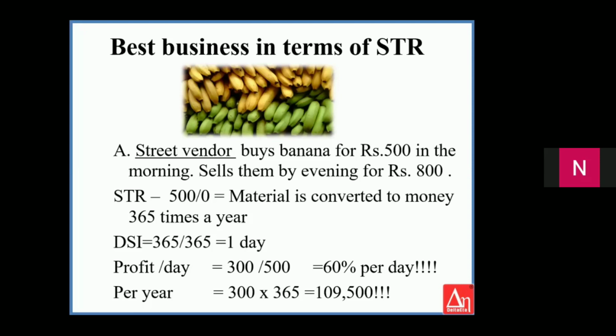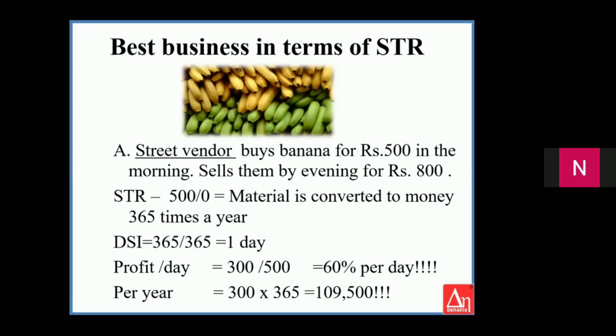See, in this business, he is just investing 500 rupees on the 1st of January, and in the evening he is making 800 rupees. Next day, he is taking 500 and again investing in bananas. Evening he is making 800. So every day he is getting 300 rupees as profit.